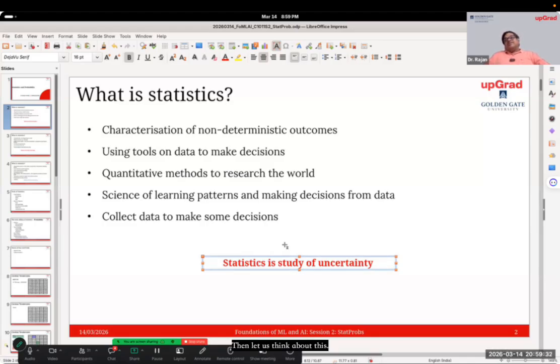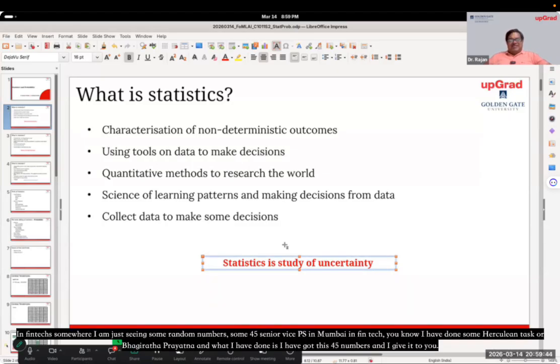Then let us think about this. Let us say there are only about 45 senior vice presidents in fintechs in Mumbai. I'm just saying some random numbers. I have done some Herculean task, a Bhagirath Prayatna, and I have got these 45 numbers and I give it to you.